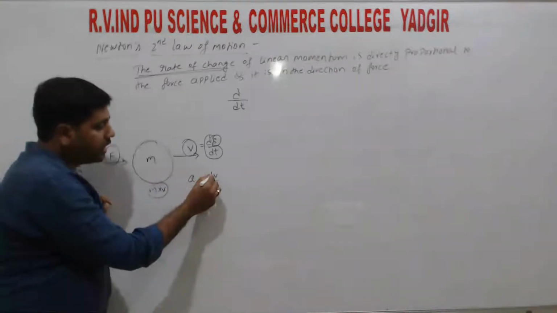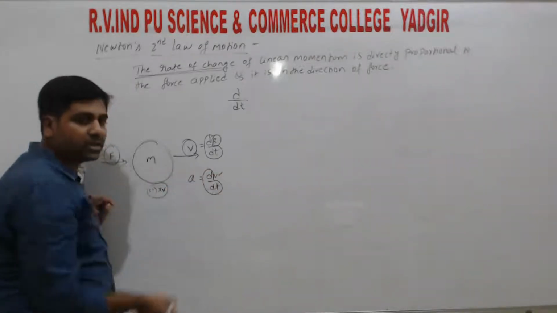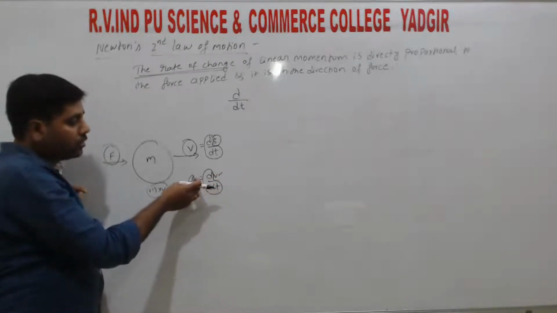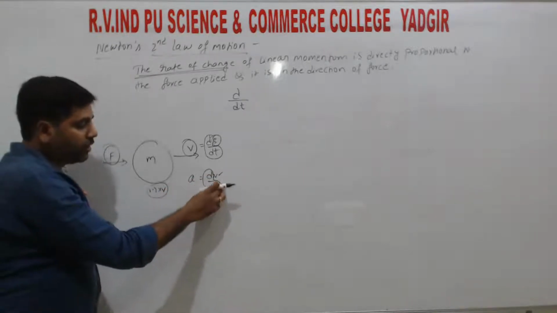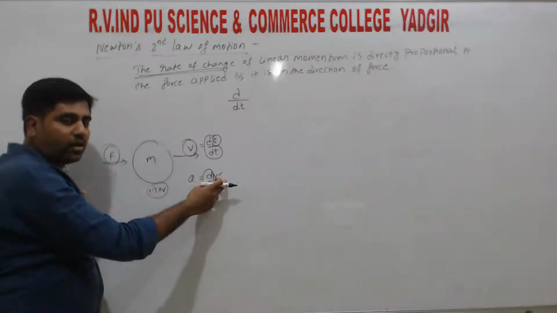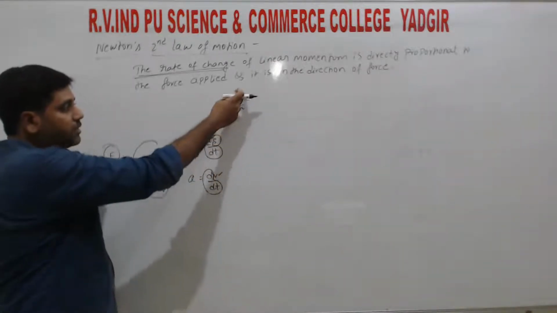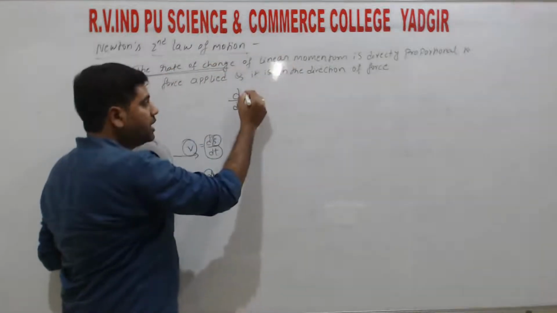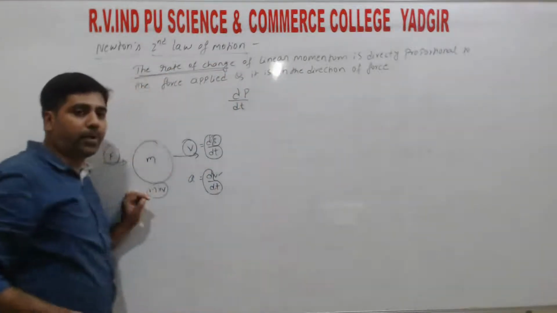That means d by dt with respect to velocity, that is change in velocity with respect to time, is the acceleration. So simply we call this rate of change of velocity, rate of change of displacement. In the same way here, rate of change of linear momentum, that means linear momentum is denoted by p, right?